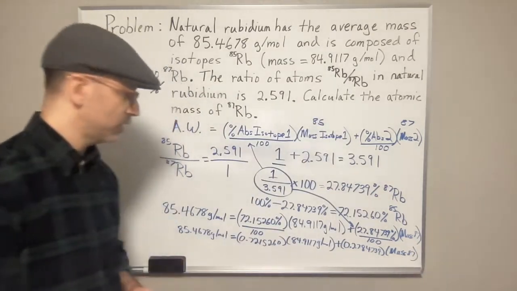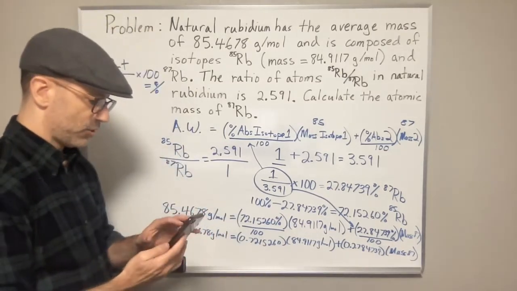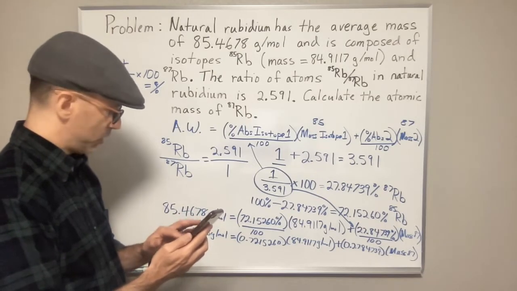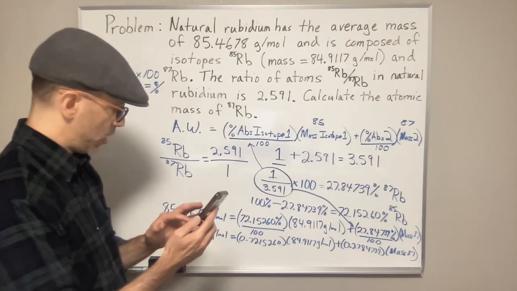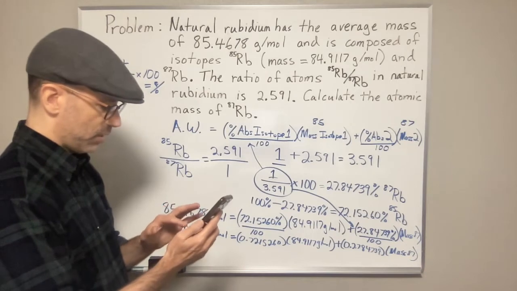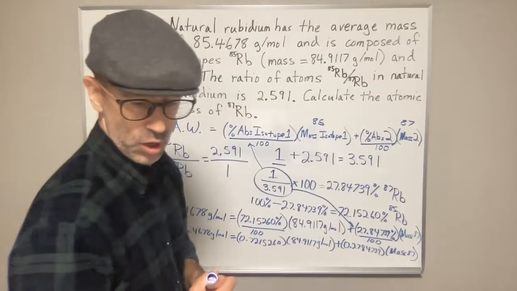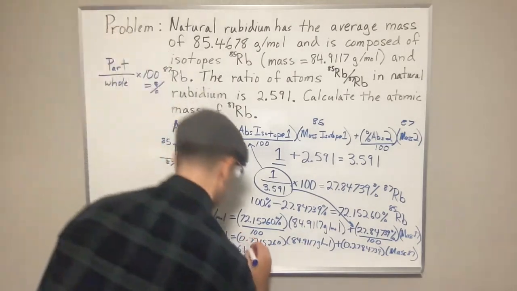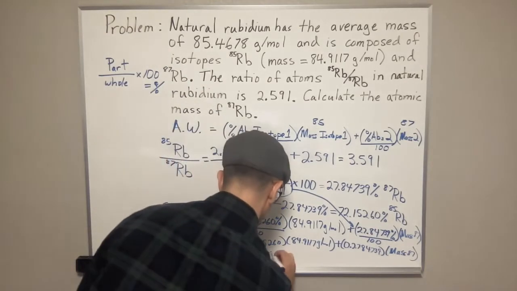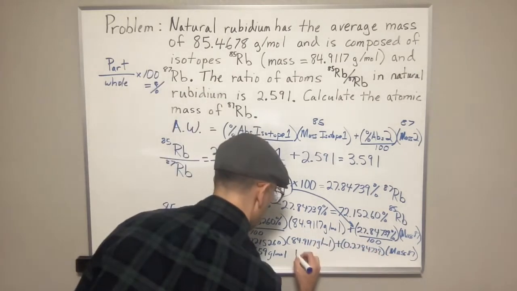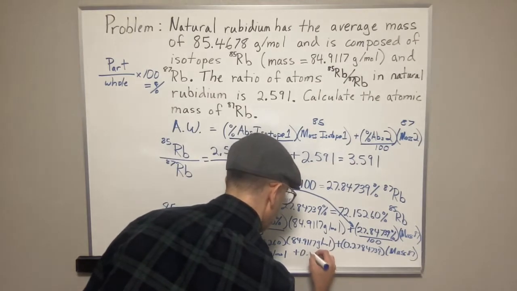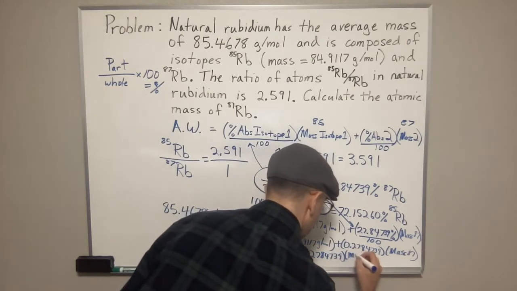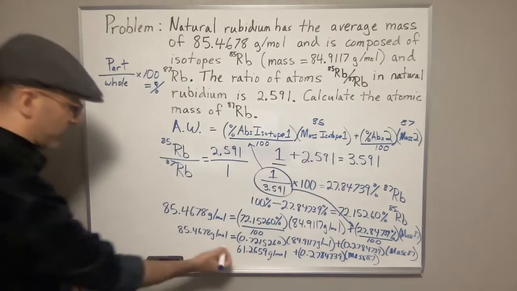And then if you multiply these together, let's go ahead and do that. 0.7215260 times 84.9117 equals, and you get 61.2659 grams per mole, plus this part here, 0.2784739 multiplied by the mass of isotope number 87, and that's equal to this.